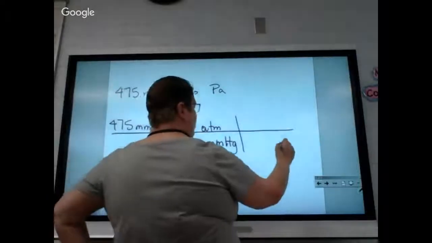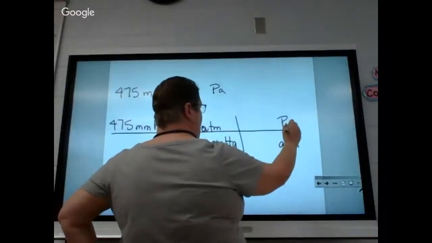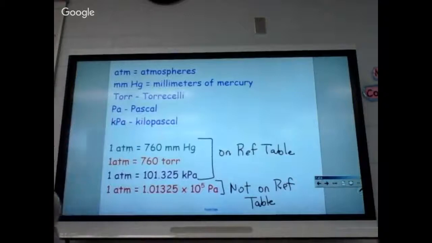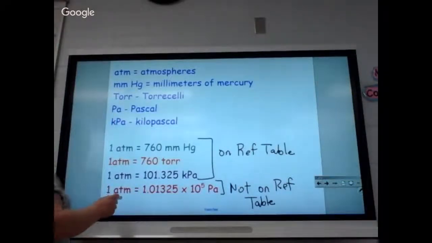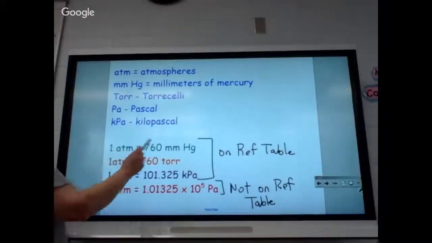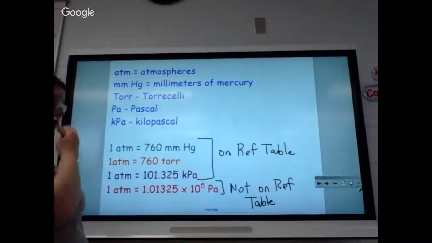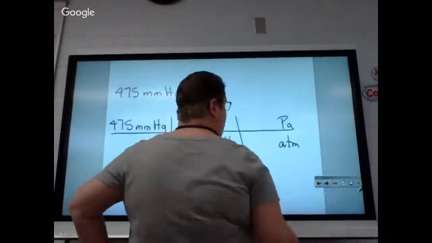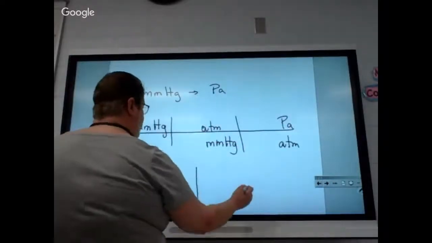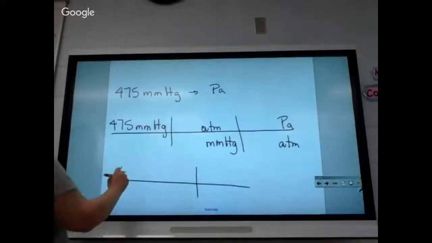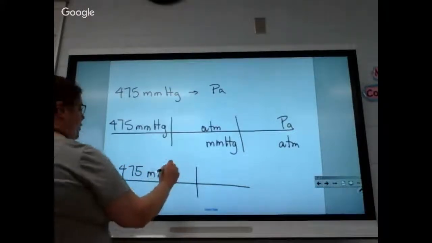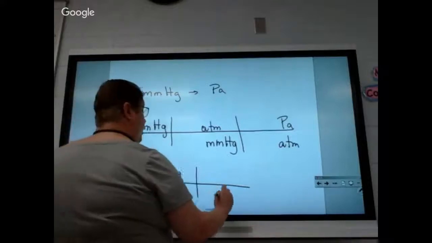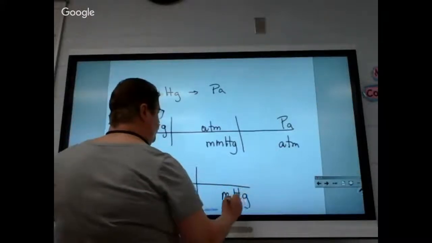And then you would go atm to Pa, because that's the way these are set up. Pa is equal to atm, and atm is equal to millimeters of mercury, mmHg. Nothing wrong with it. But is atm ever going to change from 1? No. So, is there any need to go through atmospheres? No.